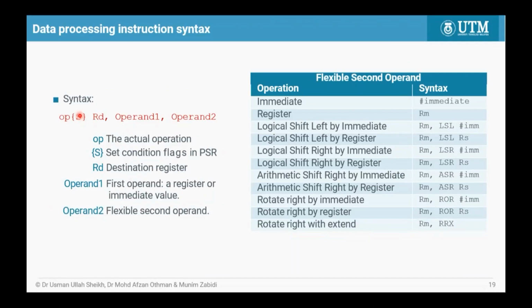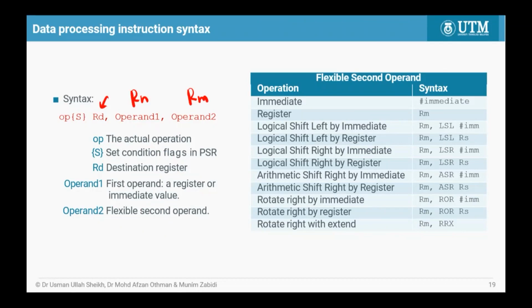If you're going to tell the CPU to update your APSR, the application program status register, you need to put this S after your operation or mnemonic. And then you have the Rd, which is the destination register, operand 1, which is your Rn, and operand 2.